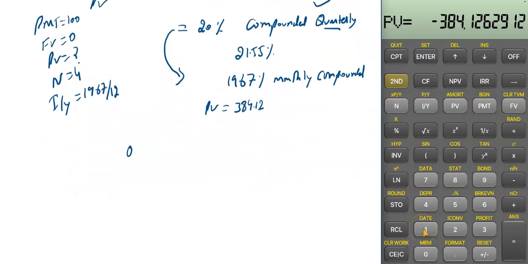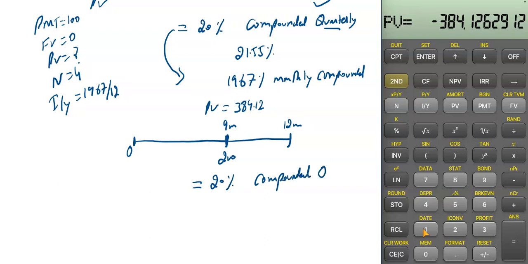And for example, if you are receiving a cash flow after 9 months, for example 200, with an annual rate of 20% compounded quarterly, there is no need to convert or change it.